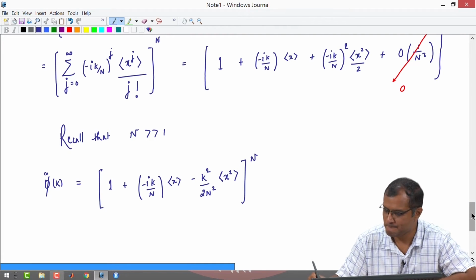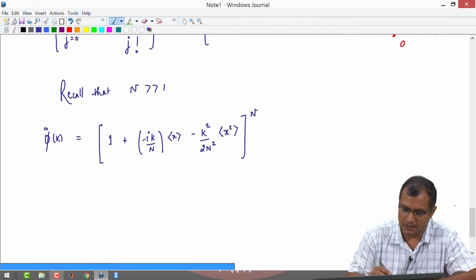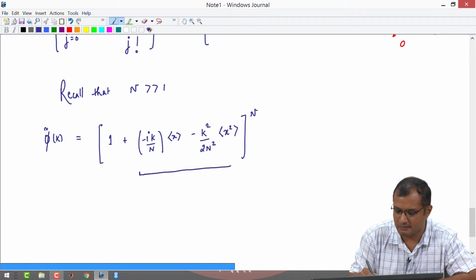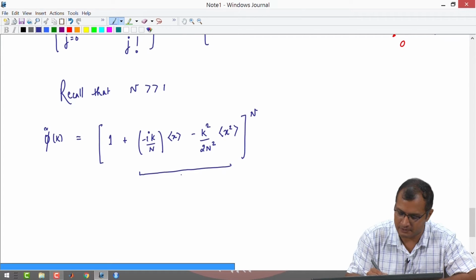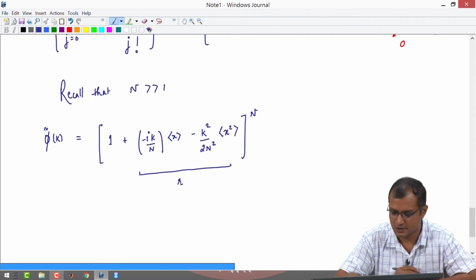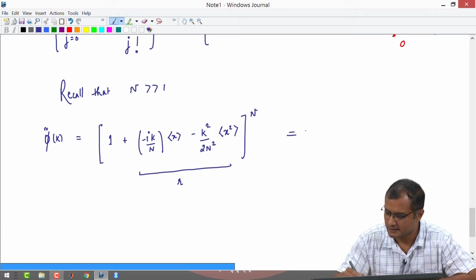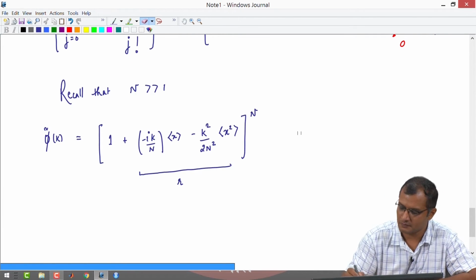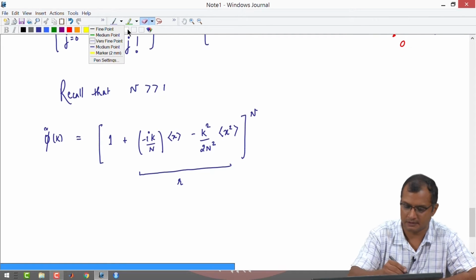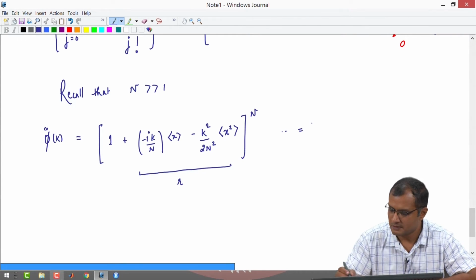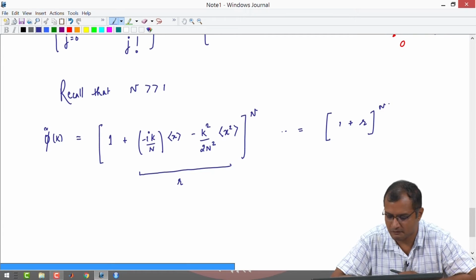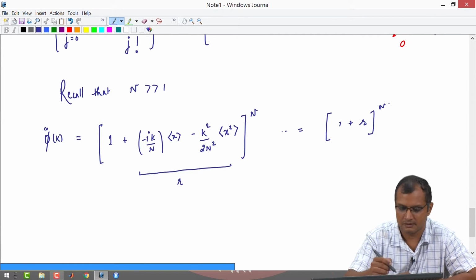Fine. Now, you visualize the sum of these two terms as some variable r. So, what you have is basically 1 plus r to the power n, because I visualize the sum of these two terms as r.